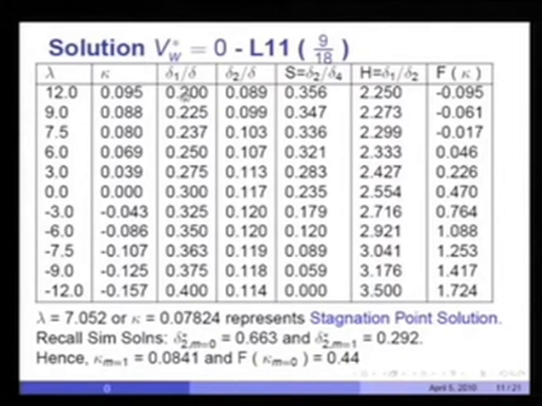Delta 1 by delta 2, as you can see, compared to 0, where it was about 0.3, with acceleration the displacement thickness reduces, and with deceleration it increases. Same thing holds for momentum thickness divided by delta, it reduces and increases.